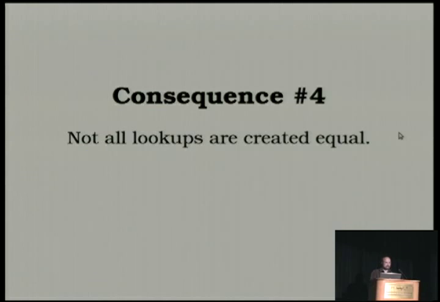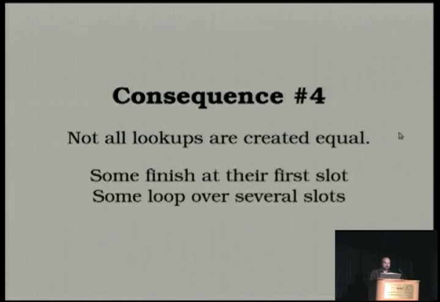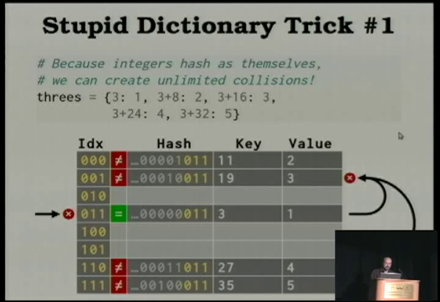So, as a consequence of that, not all lookups are created equal. Some are going to be expensive and some are going to be immediate, depending on whether they hit a bunch of full slots before concluding whether their key is present.